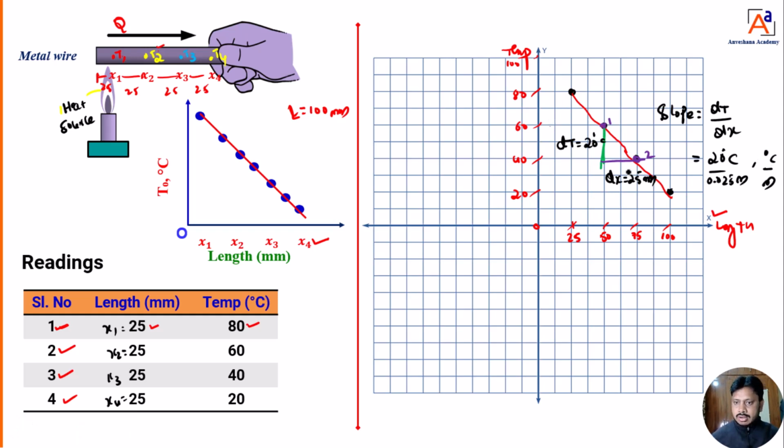That you can see in the graph, dear students, as the length of the metal rod is going to increase, the temperature is going to decrease. That decrease in temperature is represented with a sign. That sign we can call a negative sign. Hence what will happen, dear students, now here the temperature is going to decrease.